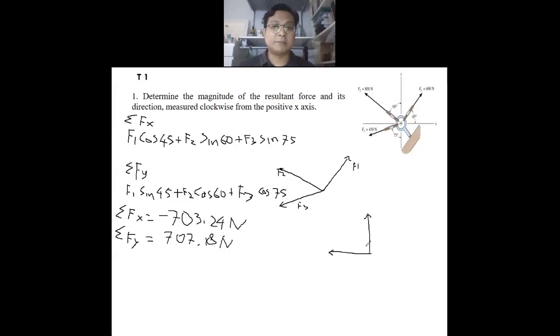So somewhere, maybe the resultant is somewhere here in quadrant 2. Of course, it's quadrant 2. This is the resultant. So how to calculate the resultant? By square root of Fx squared plus Fy squared.